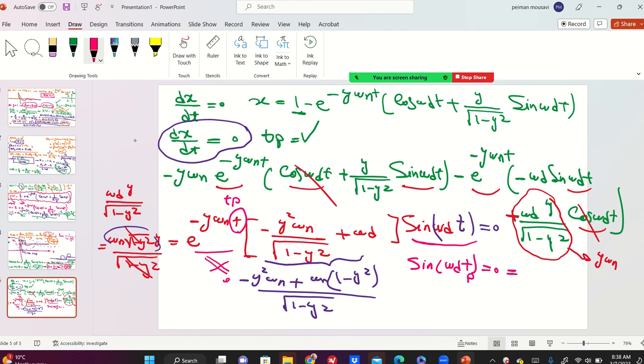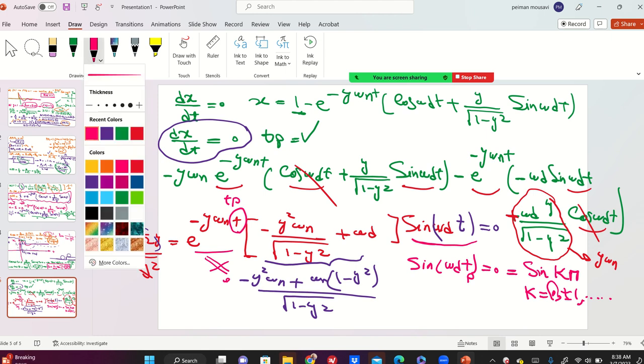From high school, you know that this is sine of k pi. That's right. And k is 0, plus minus 1, forever. So you cannot select 0 because you have Tp nonzero. That sucks. So I'm setting k is 1.